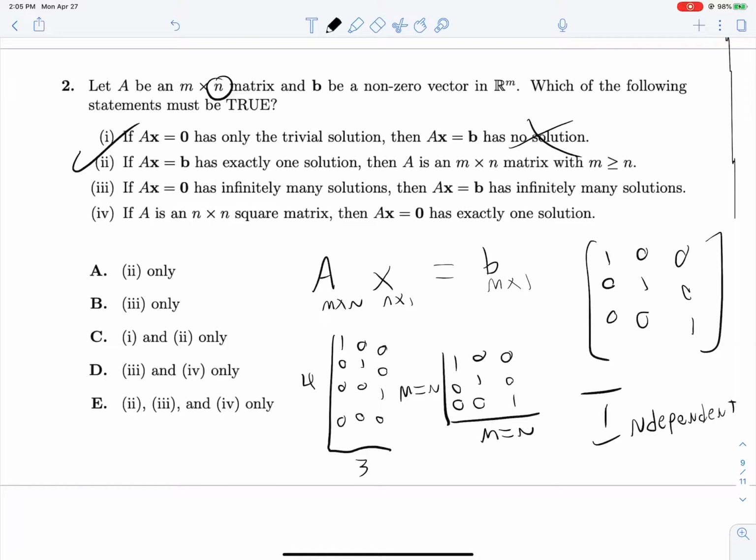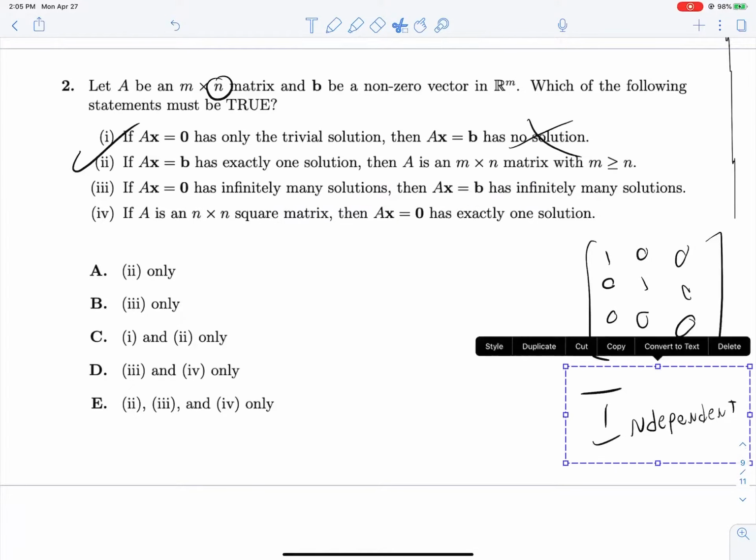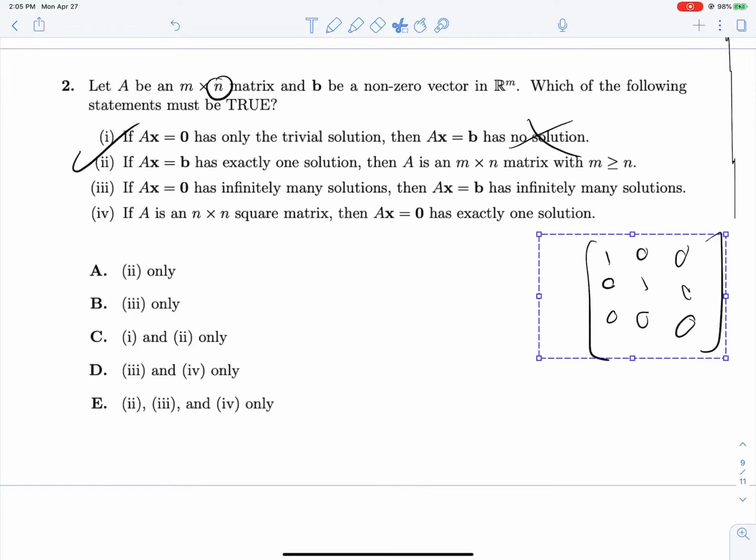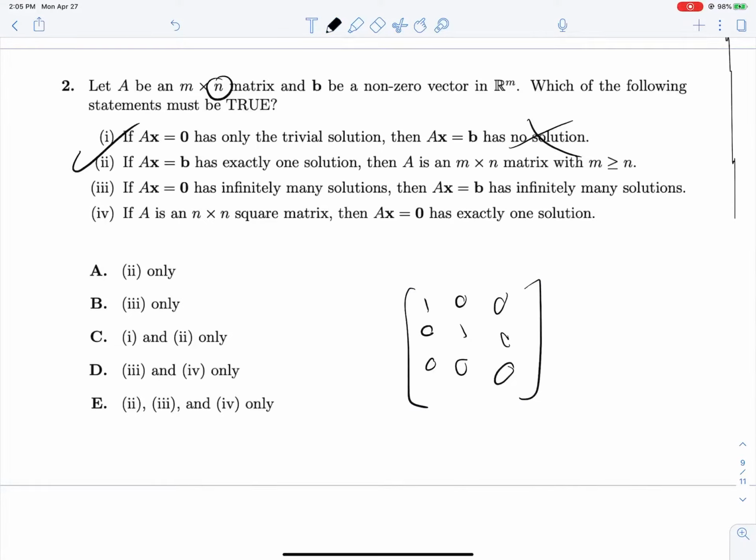Okay, 3. If Ax equals 0 has infinitely many solutions, then Ax equals B has infinitely many solutions. Nope, not really. Let's look at this matrix right here. It takes in all of R3 and outputs R3, but with vectors with a non-zero z value compressed onto the xy plane.